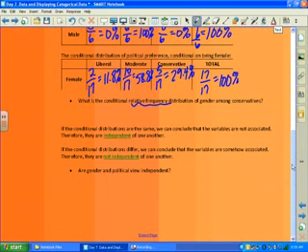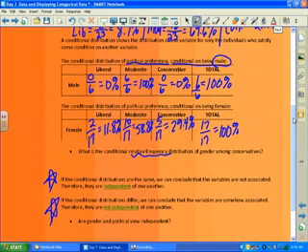Now, here is the big main point for this section. Determining if having a particular political view is independent of what gender you are. And what that would mean is this.